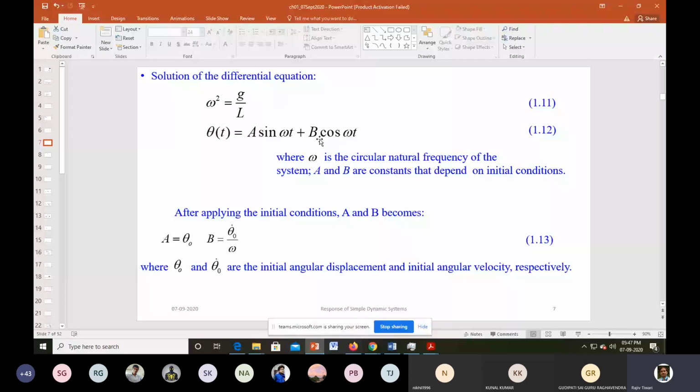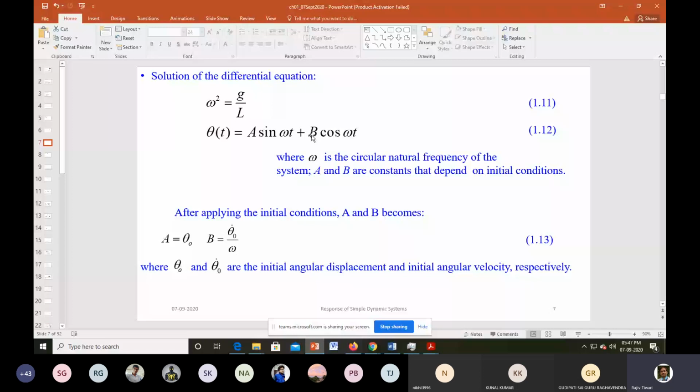So the solution will be in this form, in which two constants will be involved, A and B, which we need to find out from the initial conditions which are given. We are given some small displacement, or along with that some velocity, so that A and B will be obtained based on that.